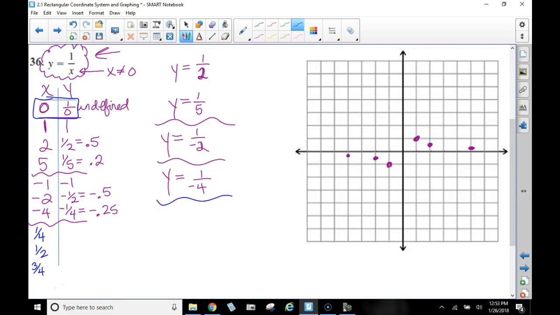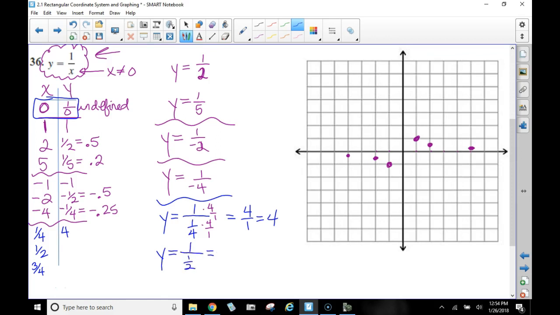Going back to my equation above, if x is equal to 1/4, y is equal to 1/(1/4), which is the reciprocal of 1/4, which is 4/1, or just 4. That's interesting, okay? What about when x is 1/2? What is 1/(1/2)?